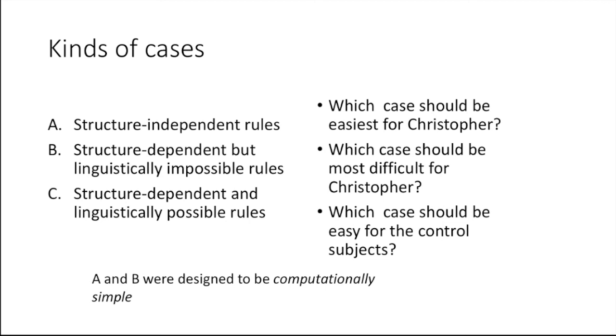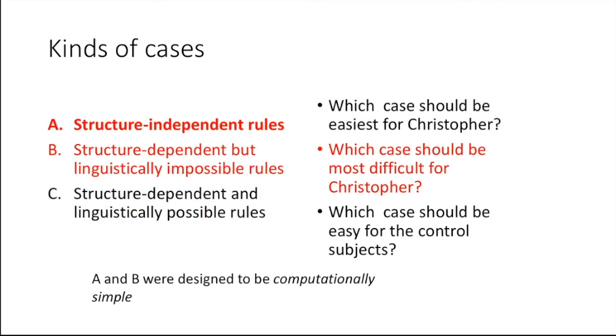So, which case would be easiest for Christopher? Well, presumably structure-dependent and linguistically plausible rules, right? Because if he is making use of his linguistic module, and if his linguistic module works according to the structure dependence principle, he will readily pick up on those examples.